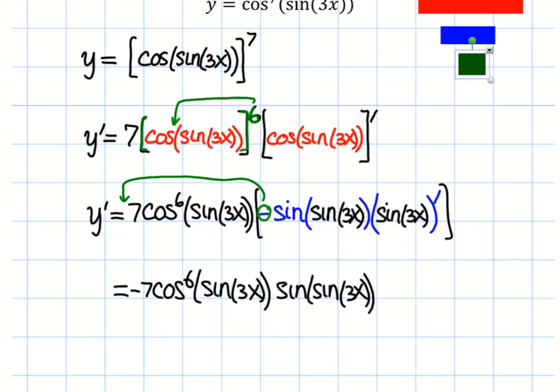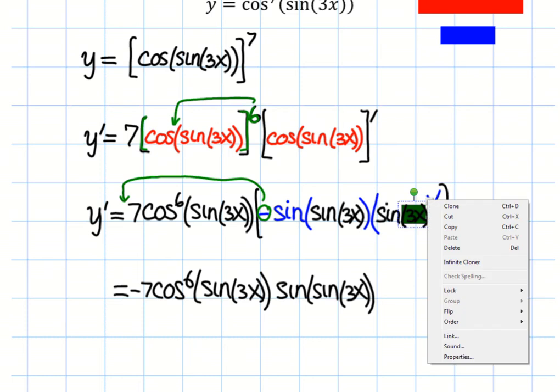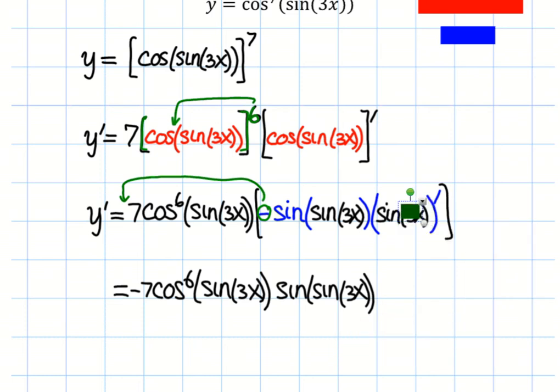Finally, I'm going to cover the 3x. So it doesn't matter what it is inside that parentheses, the derivative of sine is going to be cosine of something, and then the derivative of whatever it is that the parentheses contain.